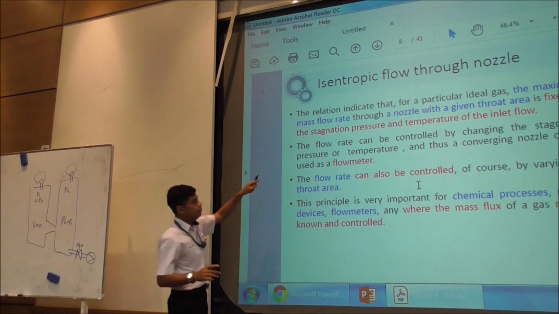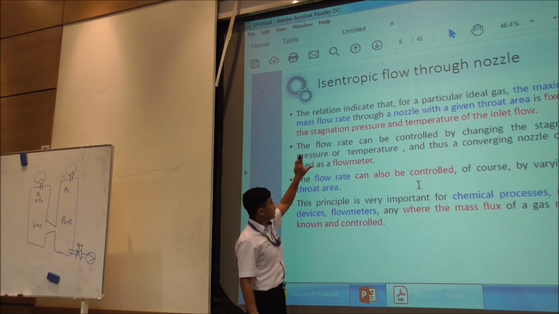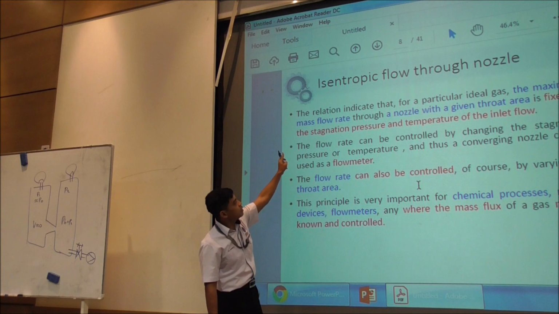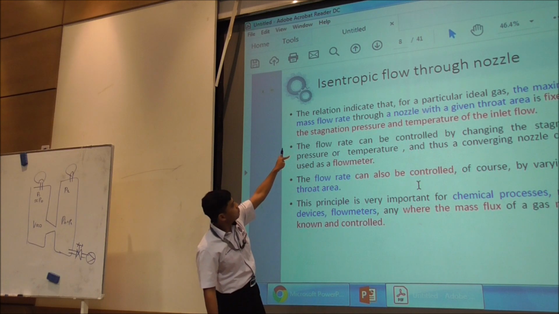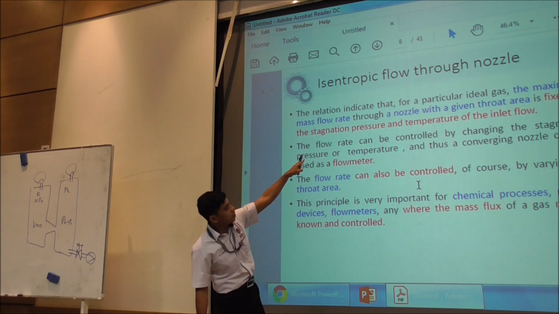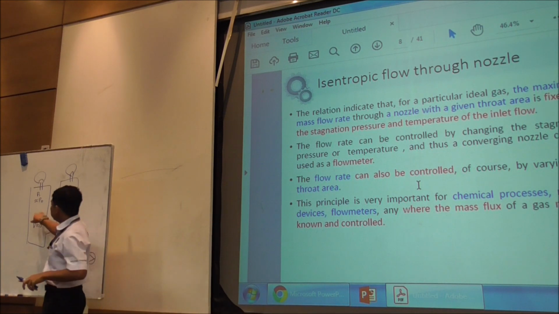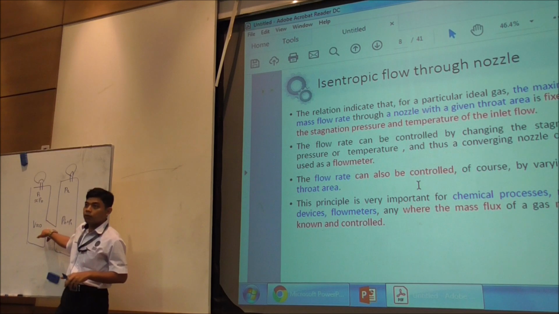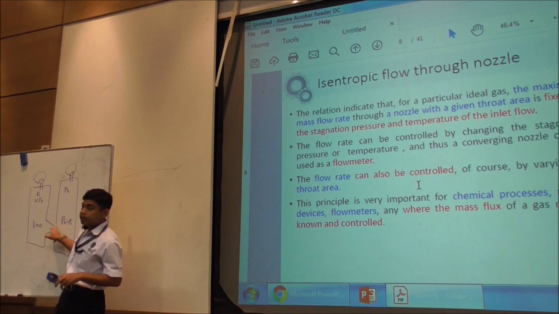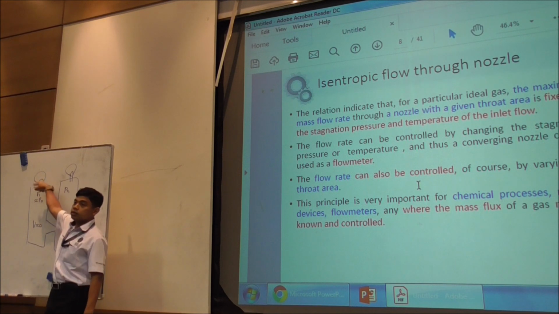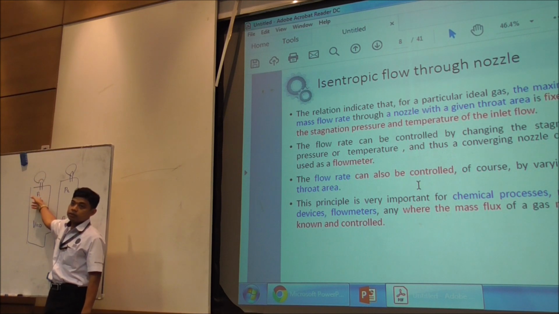If you use it, you can calculate that the maximum flow rate is fixed. You can change it by changing the stagnation pressure and temperature at the inlet of the fluid. So if you want to change the flow rate of the gas in a certain pipeline, you can change the pressure of your tank.